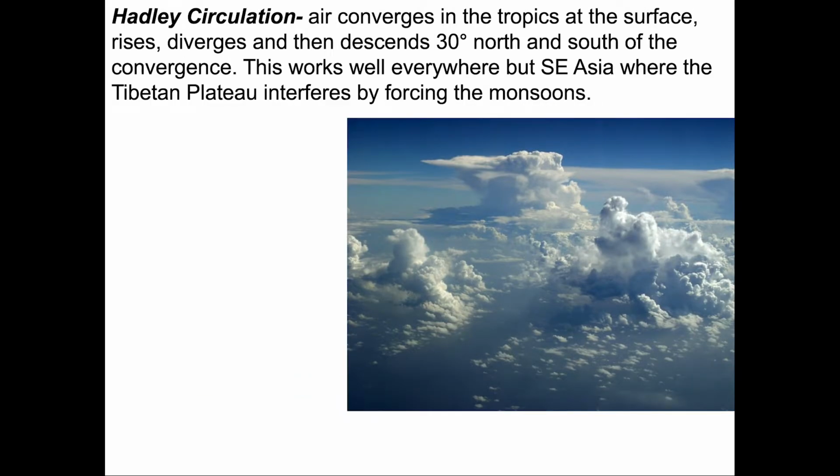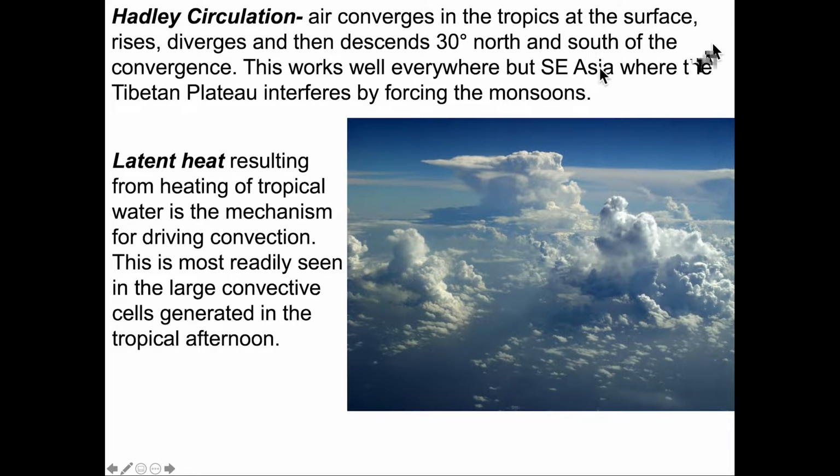This Hadley circulation, as it's come to be known, has air converging in the tropics at the surface, rising. As it dries out, it diverges and descends at 30 degrees north and 30 degrees south. And this is going to be pretty predictable, except in Southeast Asia. The reason it doesn't work so well in Southeast Asia is we have the Tibetan Plateau, which sticks up about 20,000 feet.